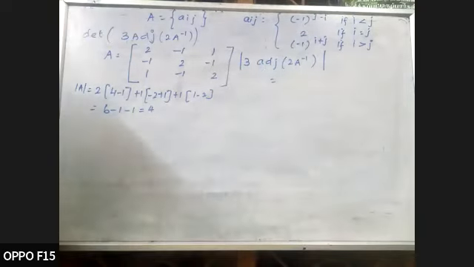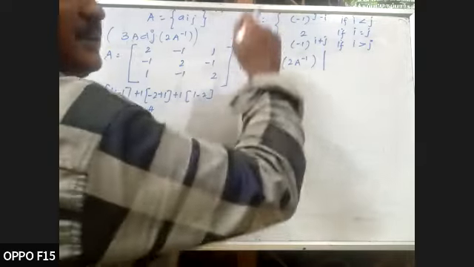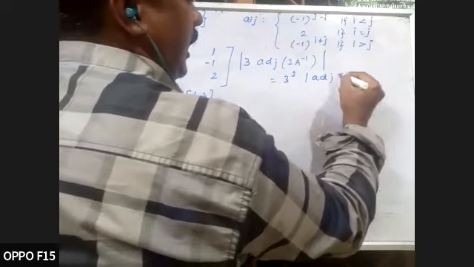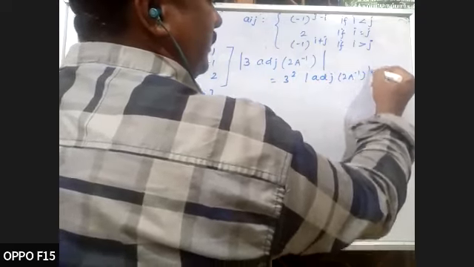Formula: k power n minus 1. That is 3 power n, the order is 3. So 3 square into determinant of adjoint of 2A power minus 1.